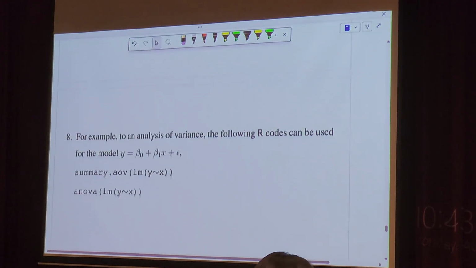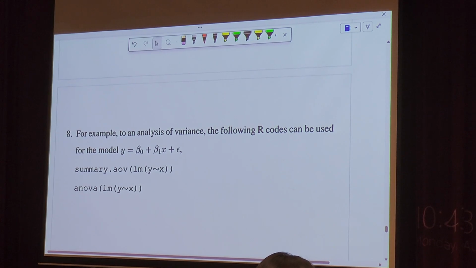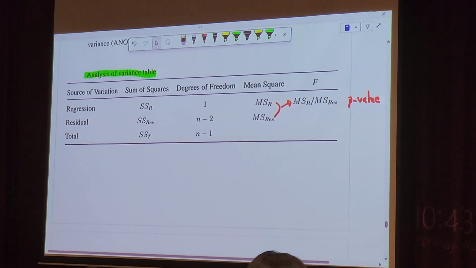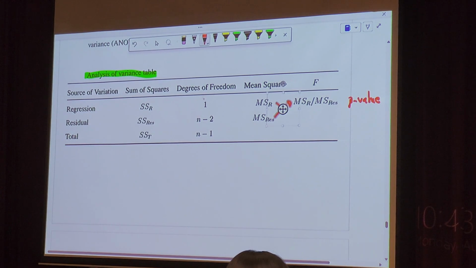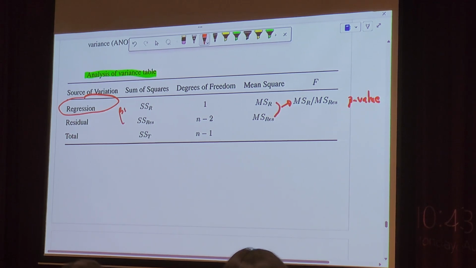But that's later. For the analysis of variance table, you can use these two R functions to get the table. So this table actually eventually allows us to test whether the slope beta 1 is 0 or not. That's what it is.